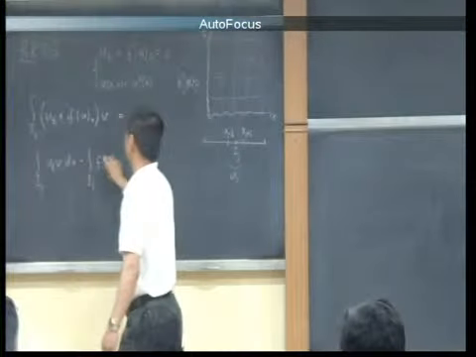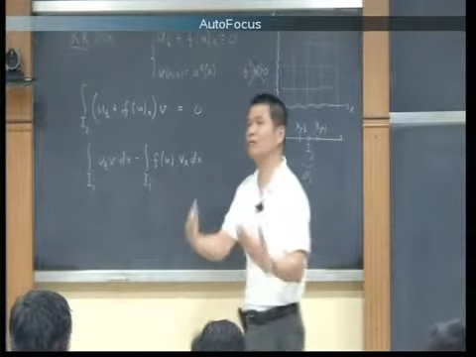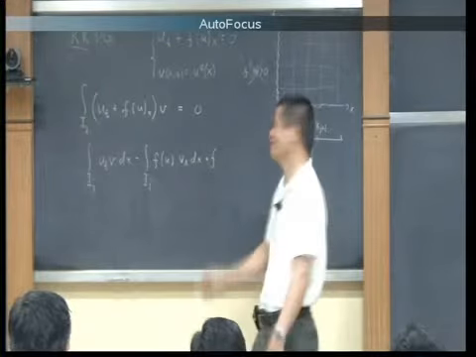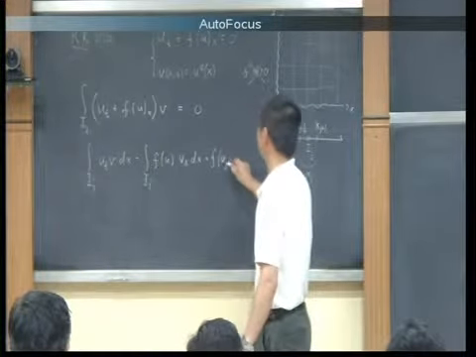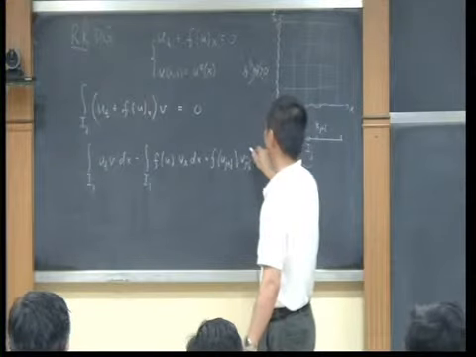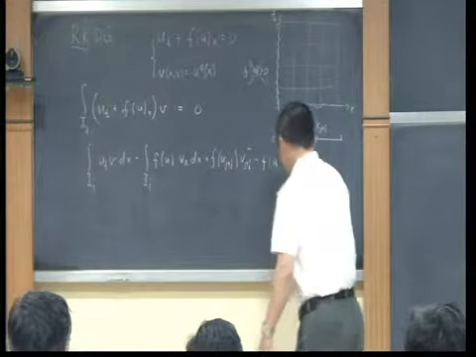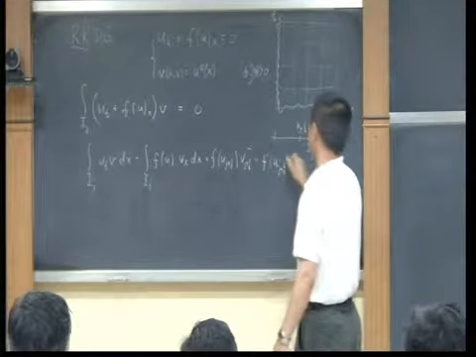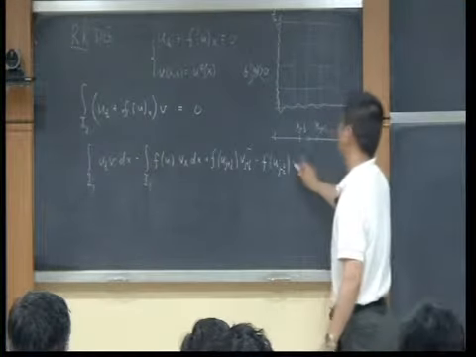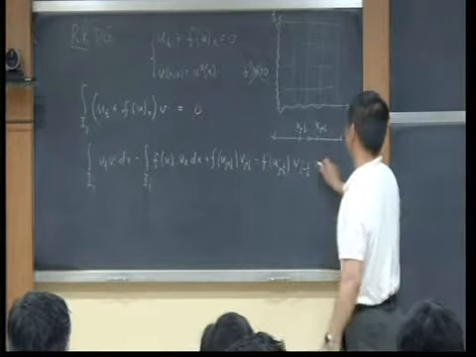So I get this thing, f of u times v sub x dx. Then I pick up two boundary terms. Only two, right? Before I had four. So now things become easier. So it's f of u of j plus half, v of j plus half, minus f of u of j minus half, v of j minus half, equals 0.